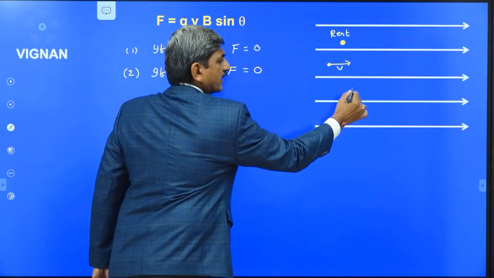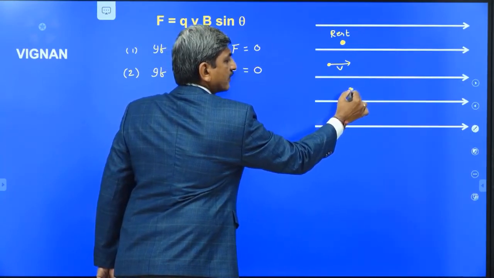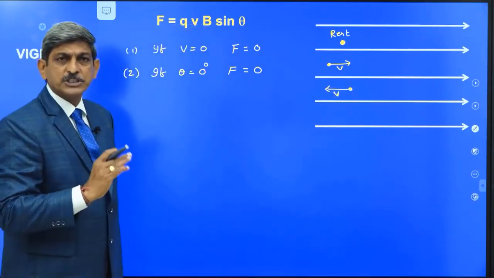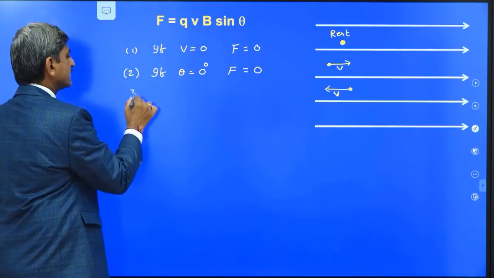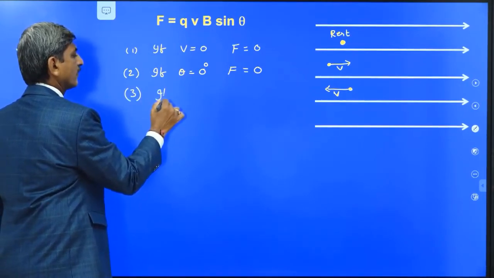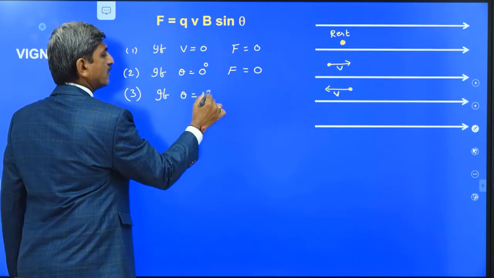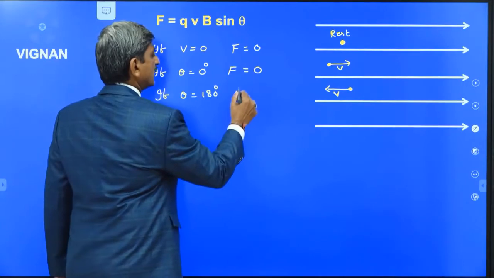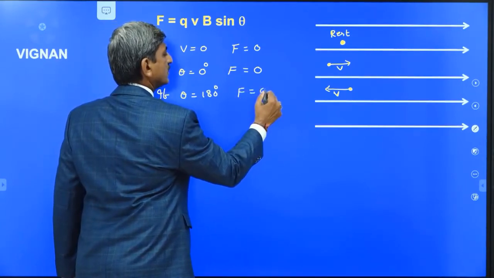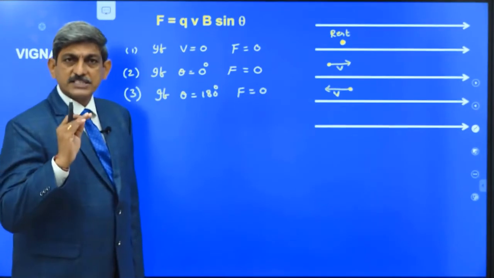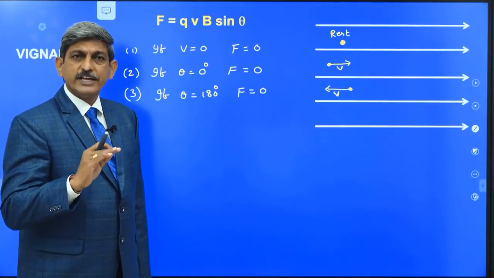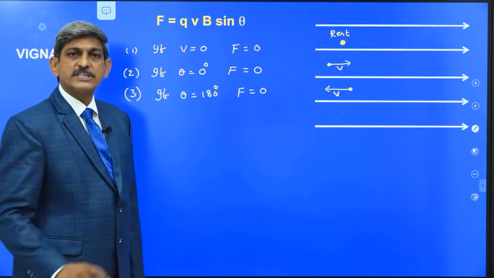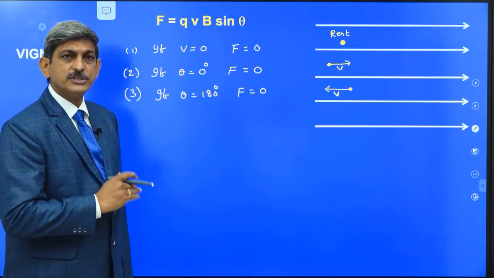If the particle is moving with some velocity v in a direction opposite to the magnetic field, then in this case theta is equal to 180 degrees, and we know that sin 180 is also equal to 0, so the force is equal to 0. That means when the charge is either at rest or moving parallel or anti-parallel to the magnetic field, the force acting on the charged particle is equal to 0.